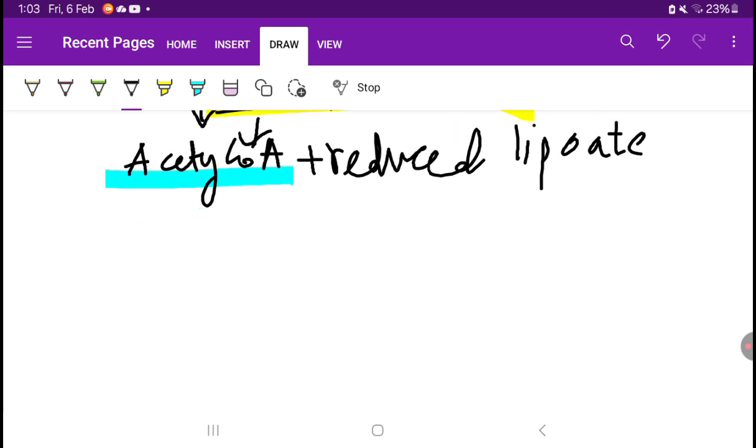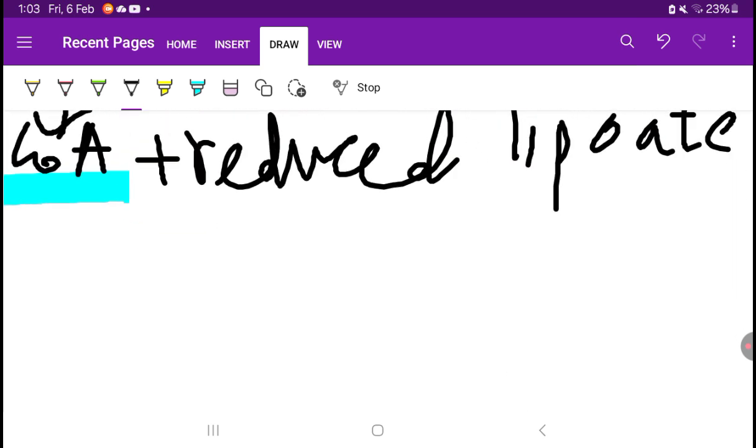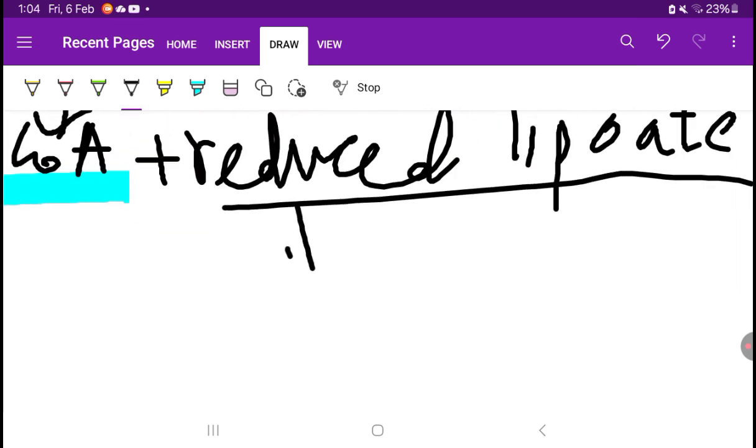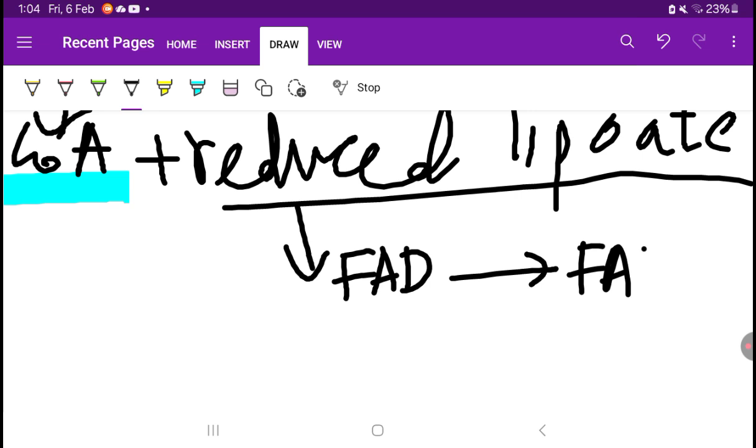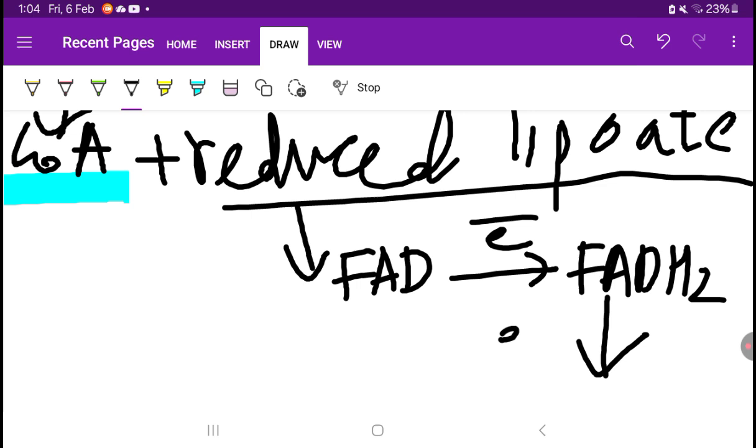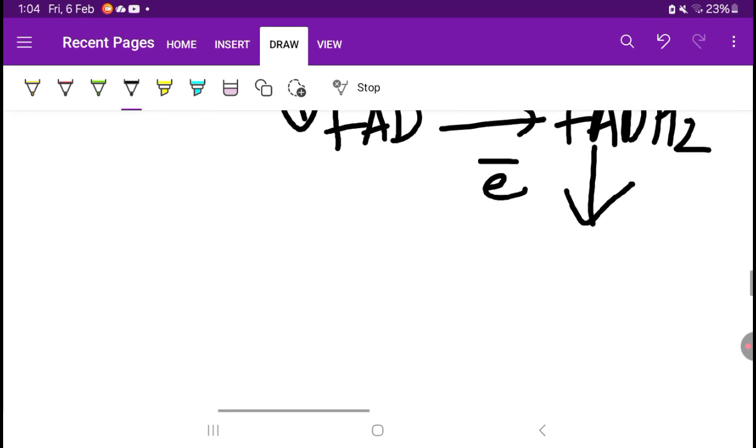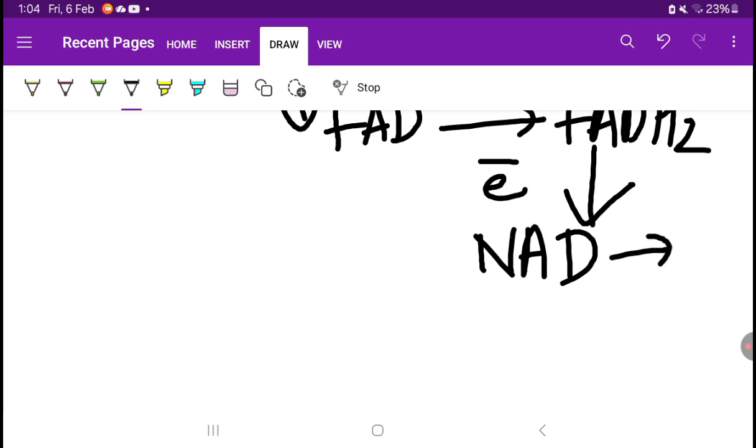This reduced lipoate, in the presence of FAD to FADH2, there will be 2 electrons. And from FADH2 these 2 electrons will be added to NAD plus to form NADH.